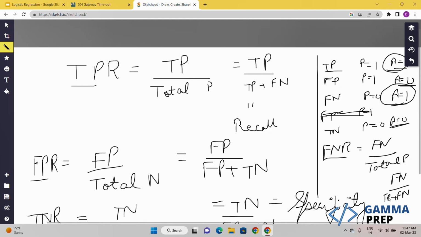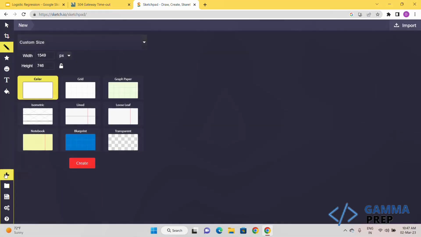Now, how is it related to the AUC ROC curve? AUC ROC is the last evaluation metric that we have, and it is one of the most important evaluation metrics for checking any model's performance. You can write it as AUC ROC or AU ROC also.